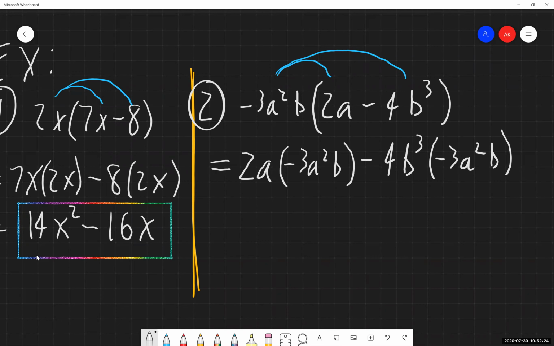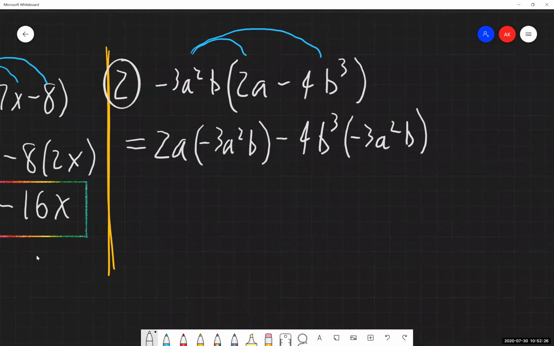So regardless of which way you want to do it, if you can multiply those together correctly in your head, fantastic. If you need to write it out for yourself like this, actually show everything multiplying together, and then in our next line, which is what we're going to do now, multiply these things together, there's nothing wrong with that. If that makes it easier for you to keep track of what you're doing, how to multiply things together and not lose where you are in your problem, then absolutely do it. There's nothing wrong with that.